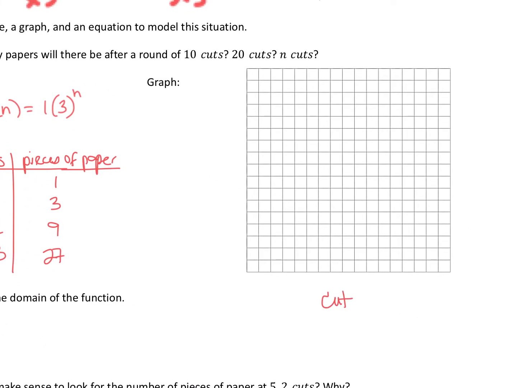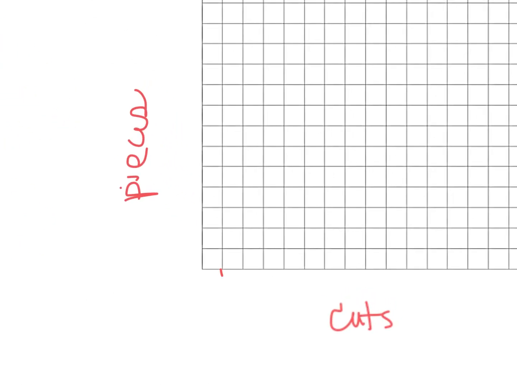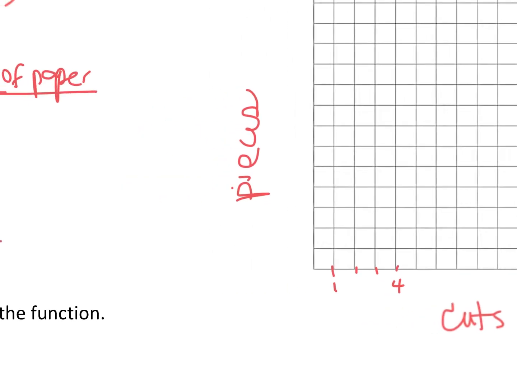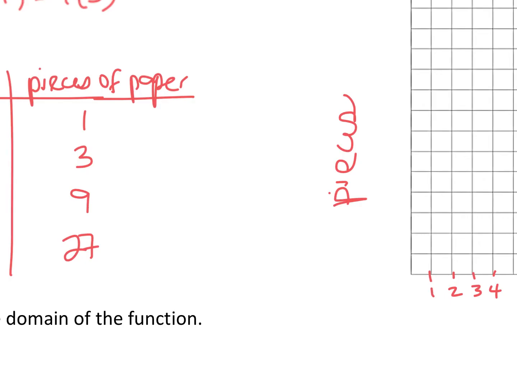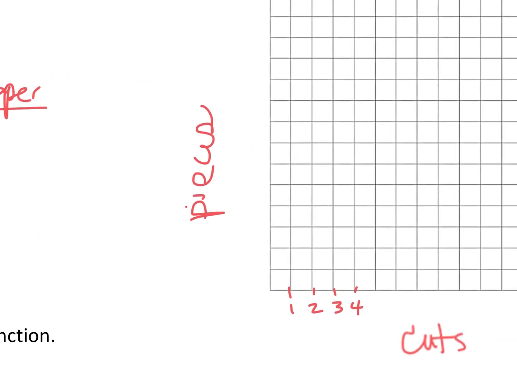So cuts, and then pieces of paper. Okay, so for cuts, I'm just going to go by ones. So 1, 2, 3, 4. And then for pieces of paper, I need to get up to 27. So let's go by 5s, and I'm only going to label every other box. It looks like that.